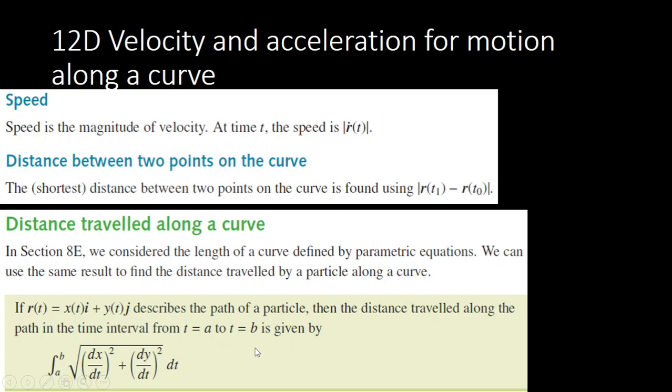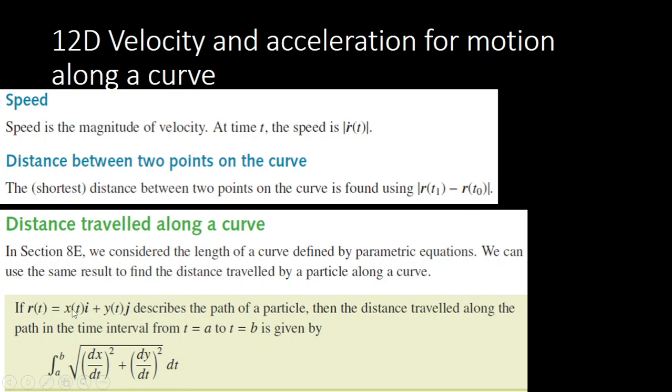I don't think we're gonna have many questions in here, but keep in mind also, if you want to find the distance along the curve, which is slightly different between 2 points, you will have a different path. If you want to find that distance, you need to anti-differentiate this new function.